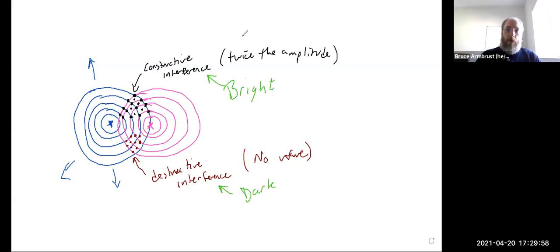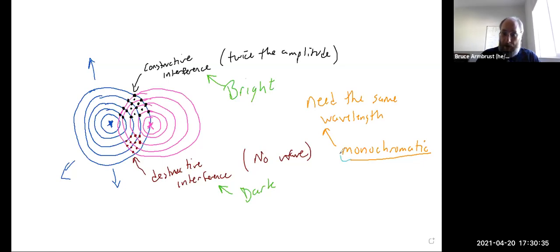But something that's really important here, so important I'm going to write it down, is that what we need here is the same wavelength. The term that we use for that is monochromatic. And to help you with that, you know how I like to give you the breakdown of words.